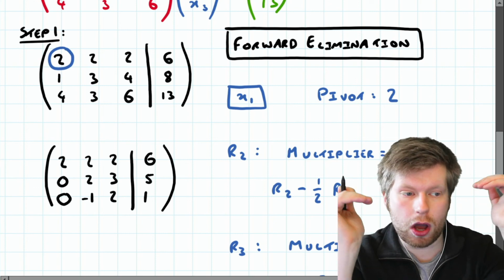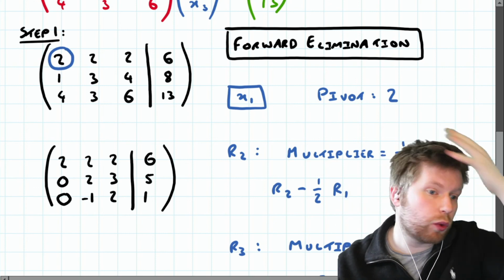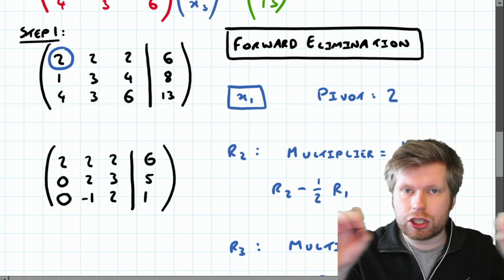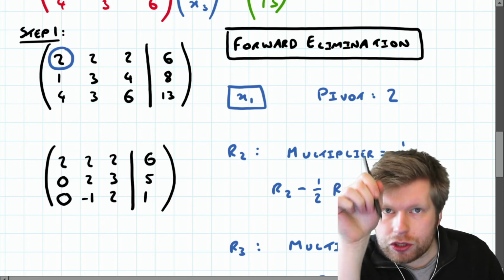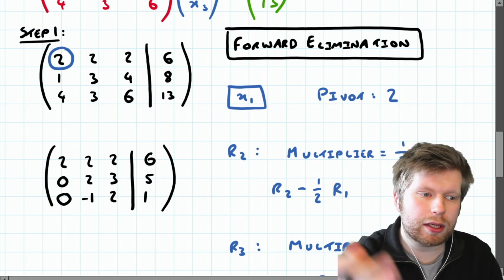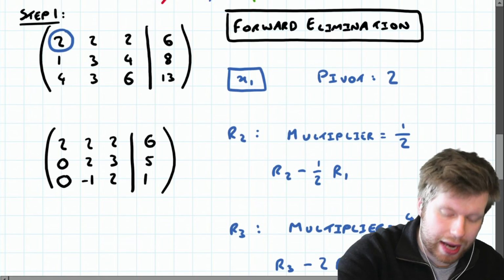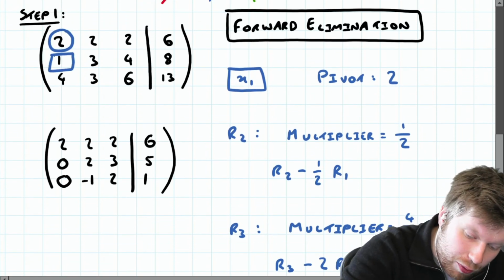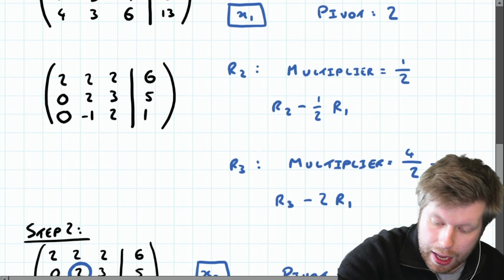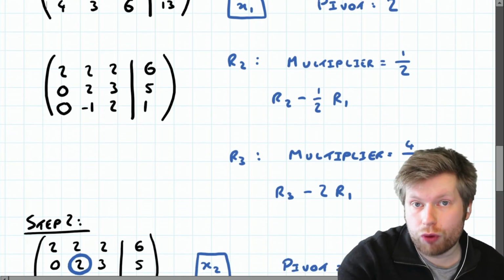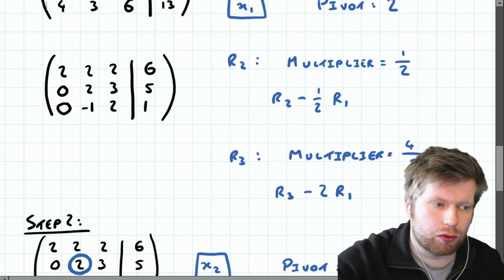The first row should correspond to x1, my first unknown. That should stay the same, and I use the first column to represent my pivot. I then work out what the multiplier for my second and third row is. That's basically by figuring out what element I want to get rid of and dividing it by the pivot, and that's how many times I subtract row 1 from either row 2 or row 3.